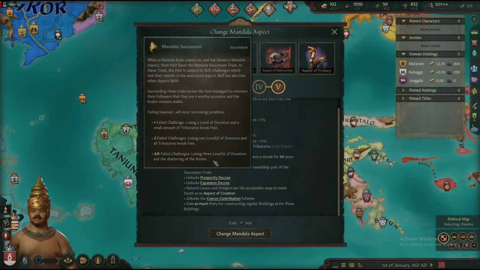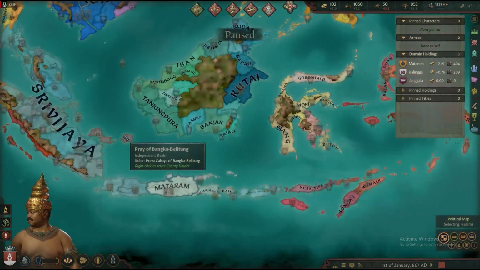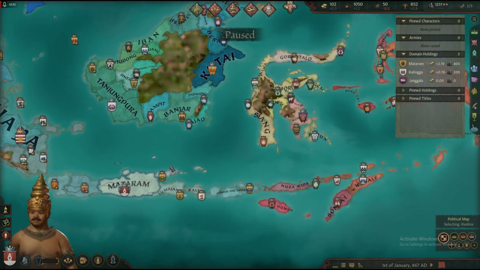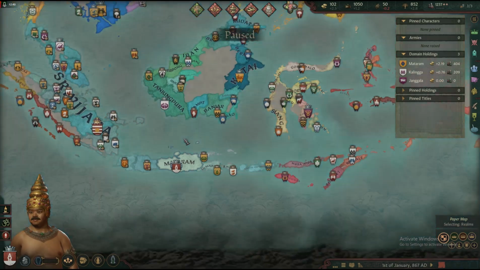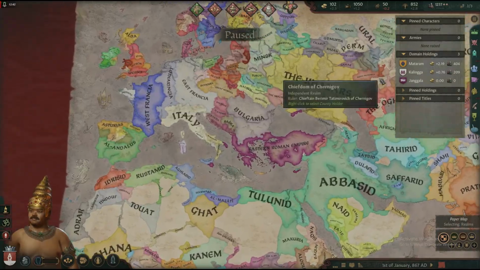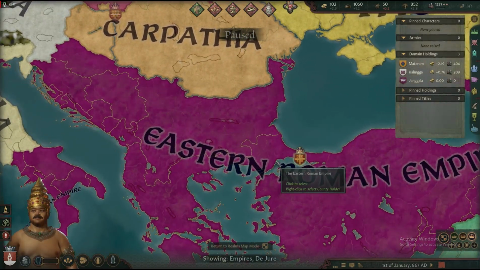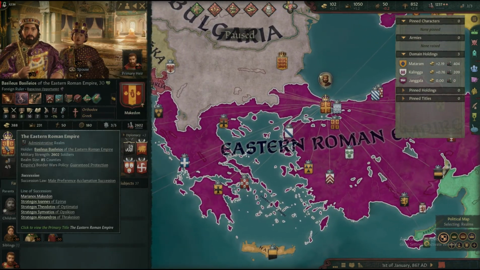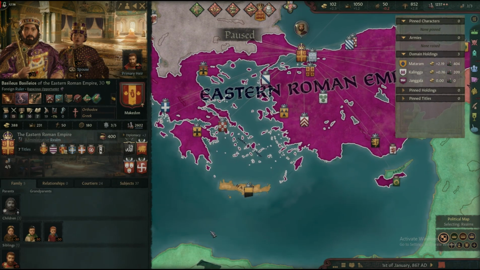What Shattered Realm means, okay? What that means is you lose your top tier title, everybody underneath you breaks away independently, and now you're stuck with a shattered kingdom. What that would look like in, say, the Byzantines, right over here, is the Eastern Roman Empire disappears, and every single one of these dukes becomes independent.